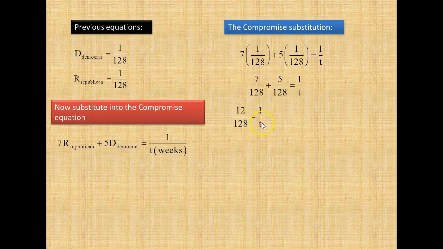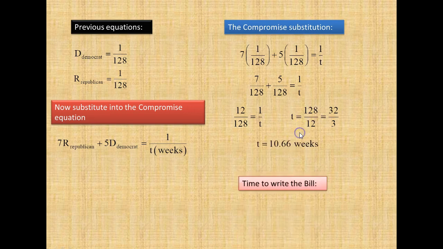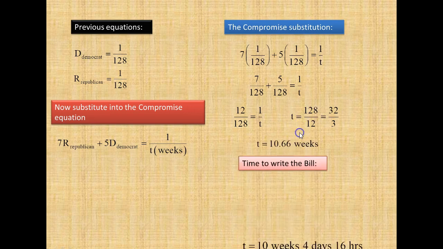That's 12 over 128 equal 1 over T. Multiply it through by T, and we get 32 over 3. And the time to write the bill is 10 weeks, 4 days, 16 hours.